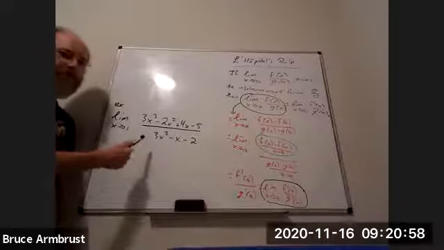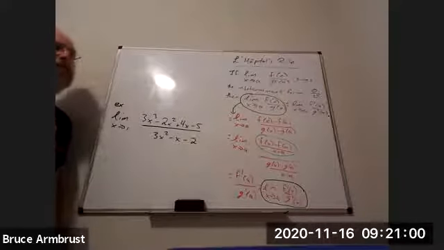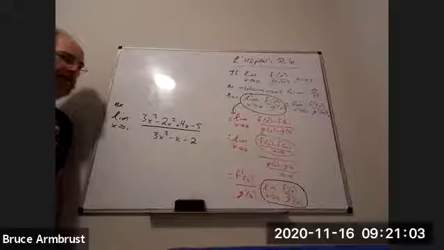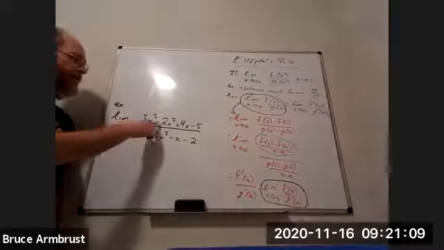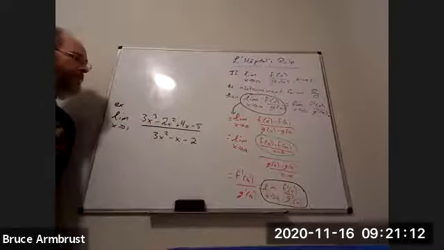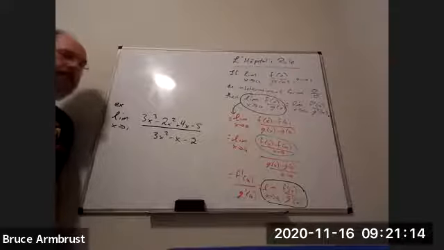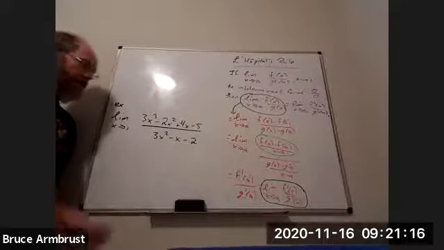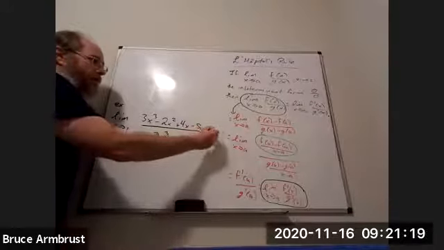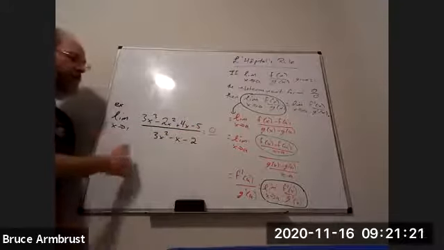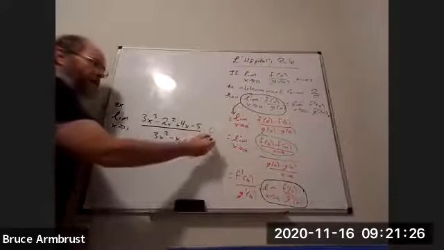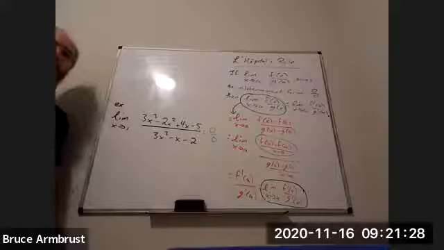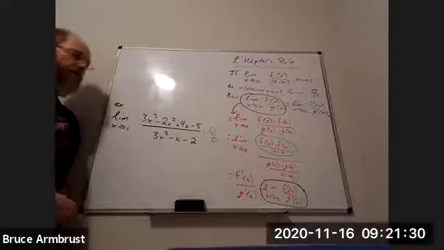So you remember seeing things like this before. And so the first thing that we immediately try is to plug in 1. If we plug 1 into the top, we get 3 minus 2 plus 4 minus 5. Well, that's 0. You plug 1 into the bottom, you get 3 minus 1 minus 2, which is 0. So this is that indeterminate form, 0 over 0.